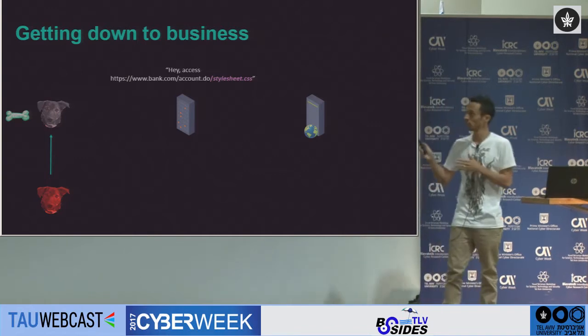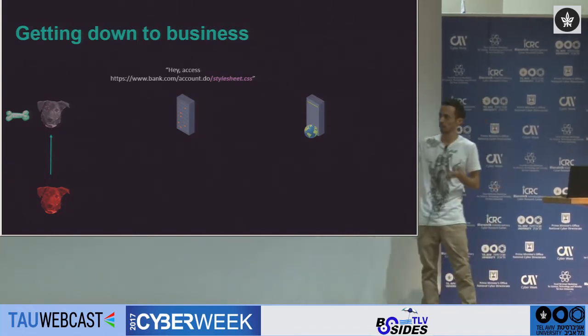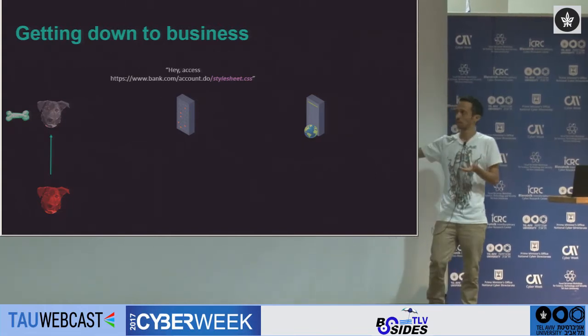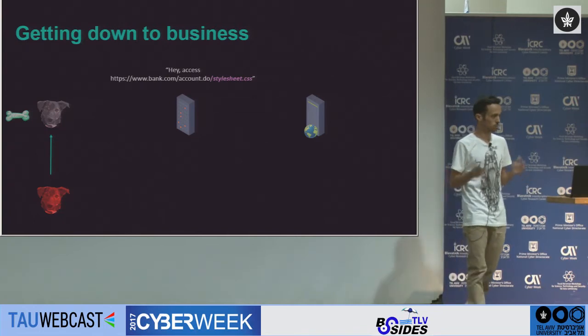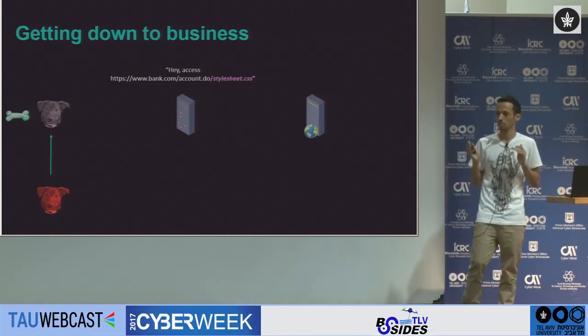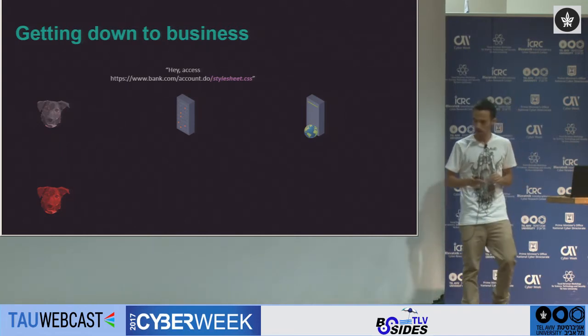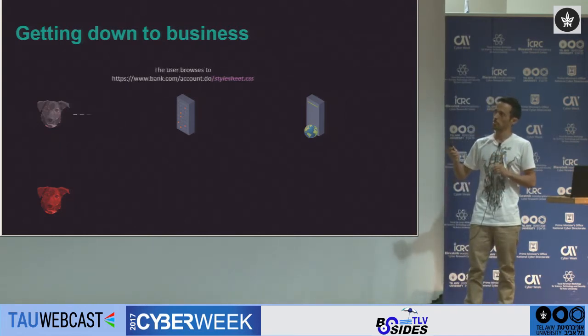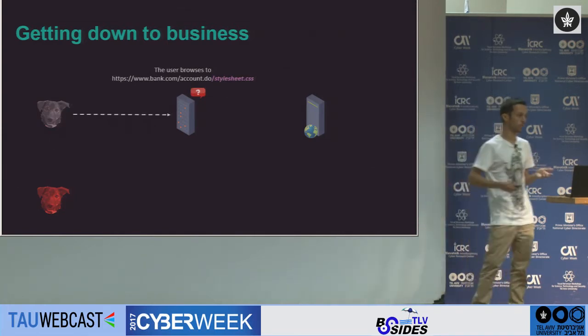So she takes a good look at this URL, and it doesn't look suspicious at all. Why? This is the domain of her bank account, and it doesn't contain some kind of malicious code, right? It looks totally legit, so she decides to access this link. And let's see what happens now. So Java accesses this link, and a request is sent and arrives at the caching mechanism at first, right?